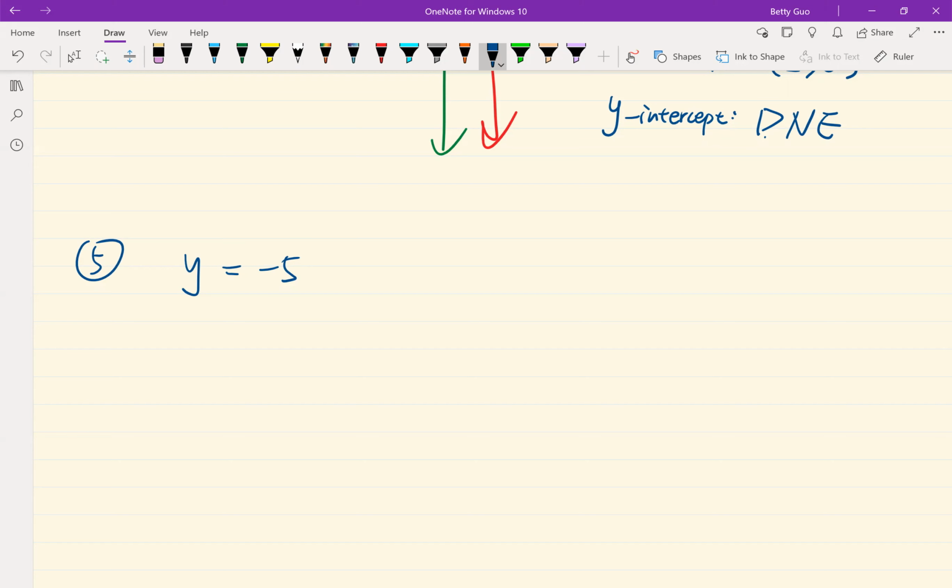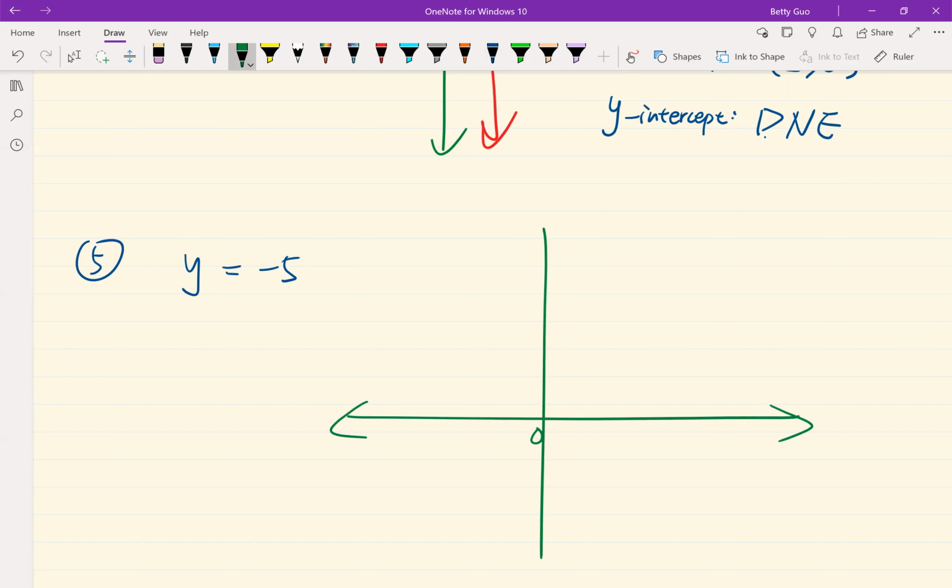What kind of straight line does this equation represent? Y equals -5. Vertical or horizontal? Go down 1, 2, 3, 4, 5 units. The straight line is a horizontal line, okay?